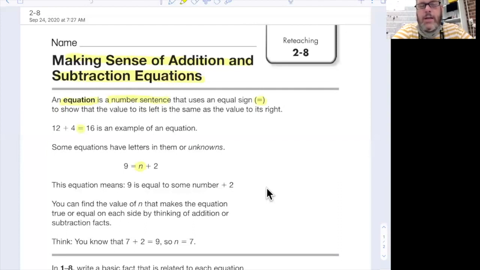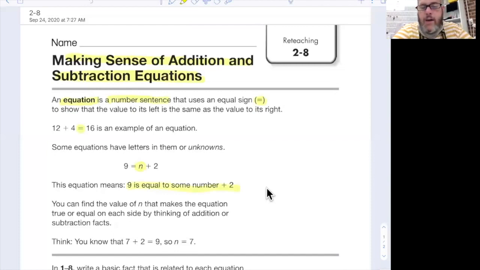So the equation, or the number sentence, says 9 equals some number plus 2. How would we find that out? This equation means 9 is equal to some number plus 2.